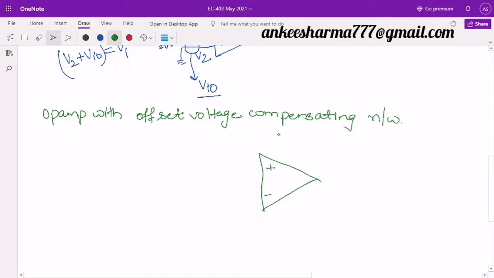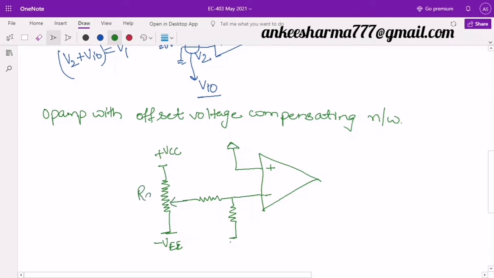Now positive is connected to ground and negative is connected to a few resistors over here. This is grounded, this is one more resistor, and this is a rheostat or a potentiometer. We can connect this to either ground or to minus VEE, this to plus VCC, and this is connected somewhere over here.